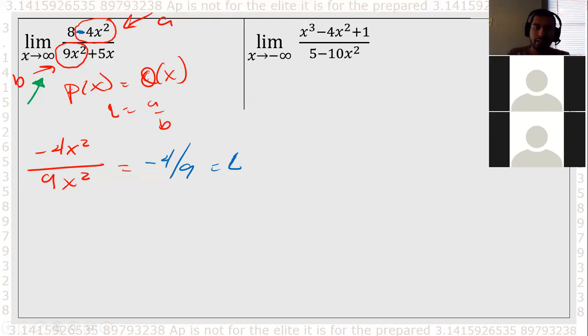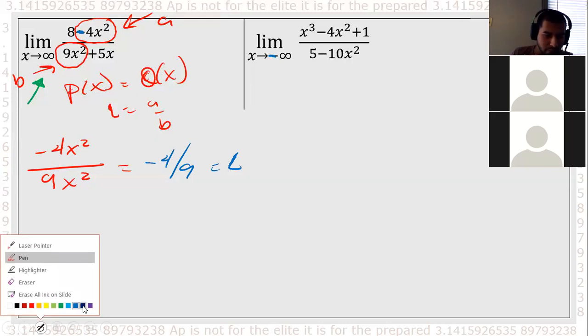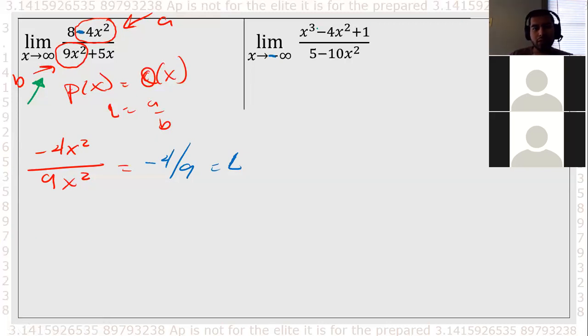No? This is fun. Negative infinity. Ooh. What's that gonna do? Regardless, you do this exact same procedure. So you look at the biggest one on the numerator, which appears to be x cubed, right? And the largest one here in the denominator is negative 10x squared.